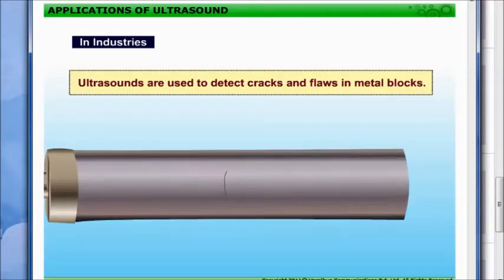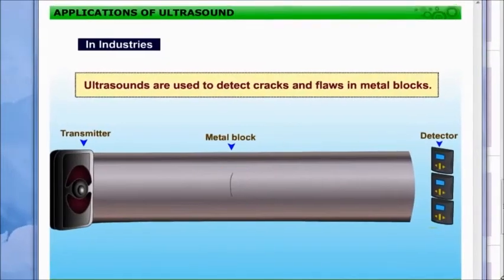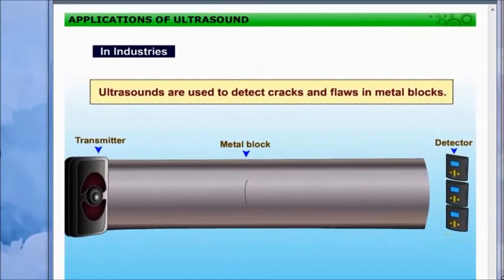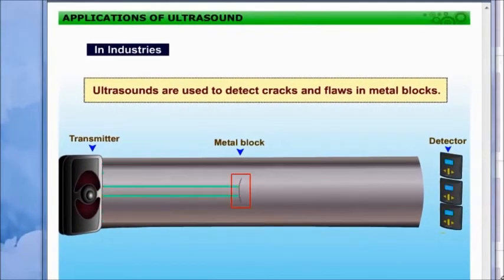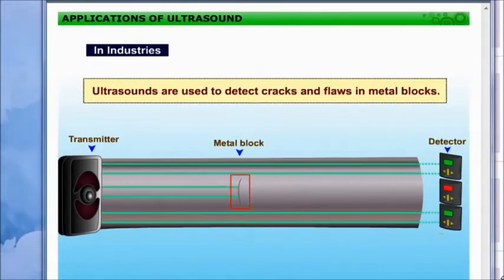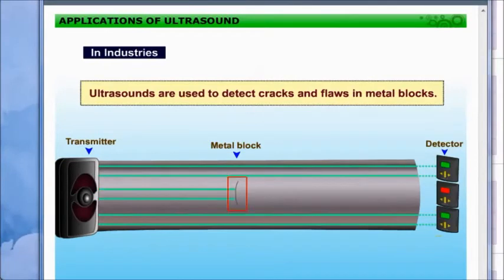These cracks and holes are not visible from outside, but they reduce the strength of the metal. To detect the flaws in the metal block, ultrasounds are allowed to pass through the metal block, and detectors are used to detect the transmitted waves.